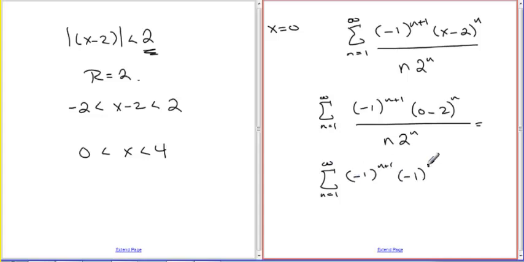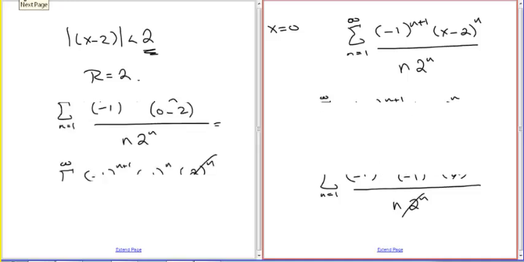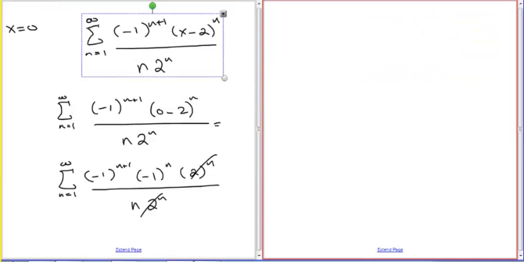So these are going to cancel out. So you're going to have -1 to the 2n plus 1. When you add those exponents together with the same base, you get 2n plus 1. So this is going to be odd. And what we have left is 1 over n.